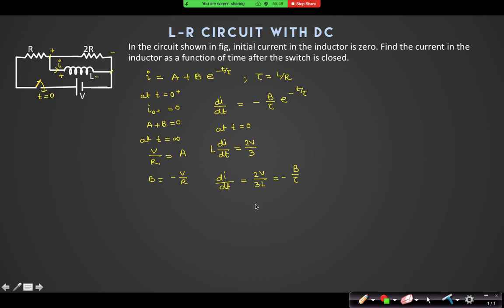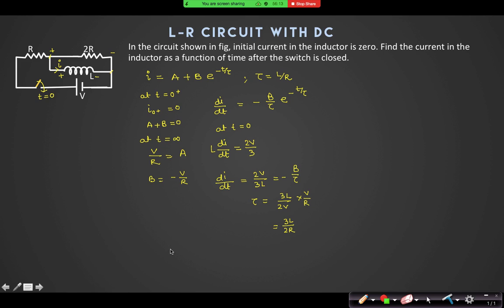Then what will be the value of tau? 3L by 2V into V by R. Is it 3L by 2R? Yes or no? Have you got it?